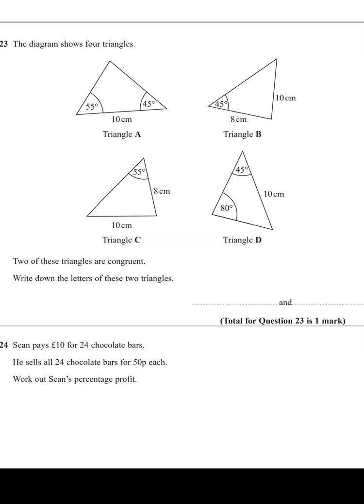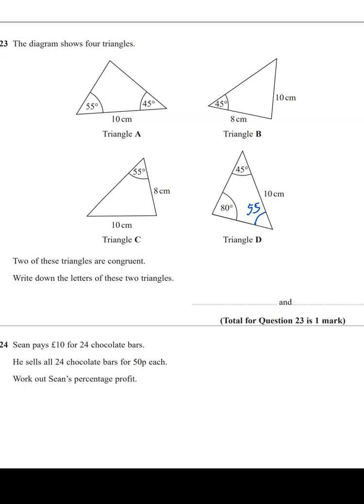So we've got 10. I've got a feeling that's 45 and 55. So this one here, the 10, is between the 45 and the 55. Okay, the 10 here is between the 45 and 55.